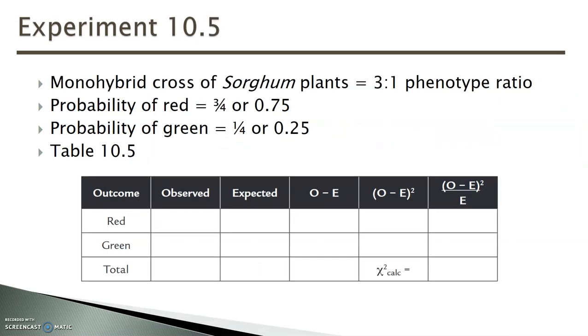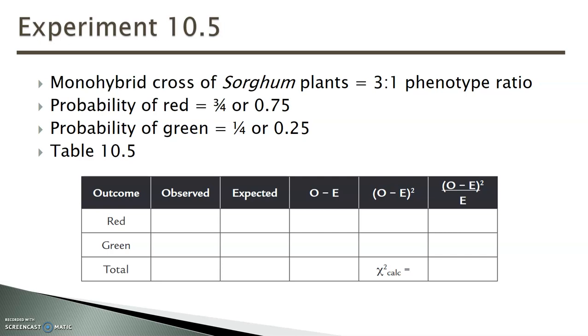Now for the next couple of experiments, 10.5, 10.6, and 10.7, what you are going to be dealing with is a 3-to-1 ratio. This is not a 50-50 split. This is based upon heterozygotes mating. You will have a 3-to-1 ratio, which means 75% will have the dominant phenotype and 25% will have the recessive phenotype.